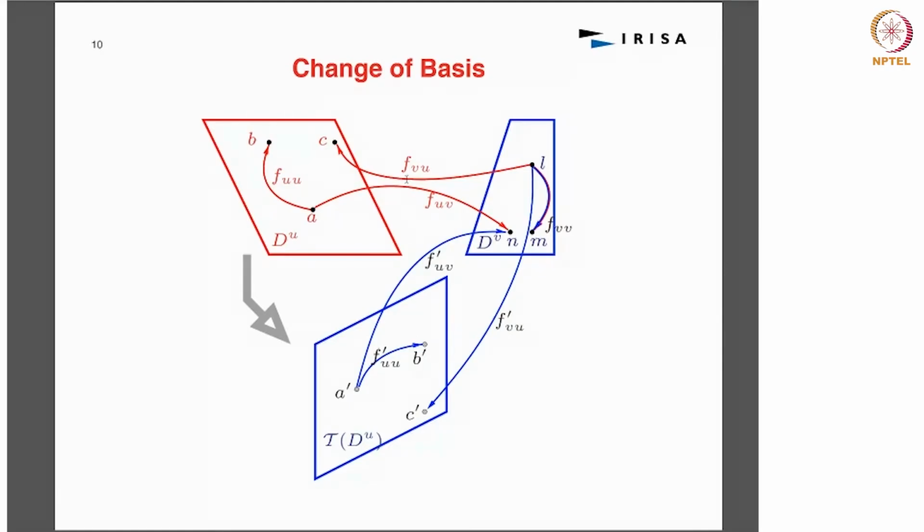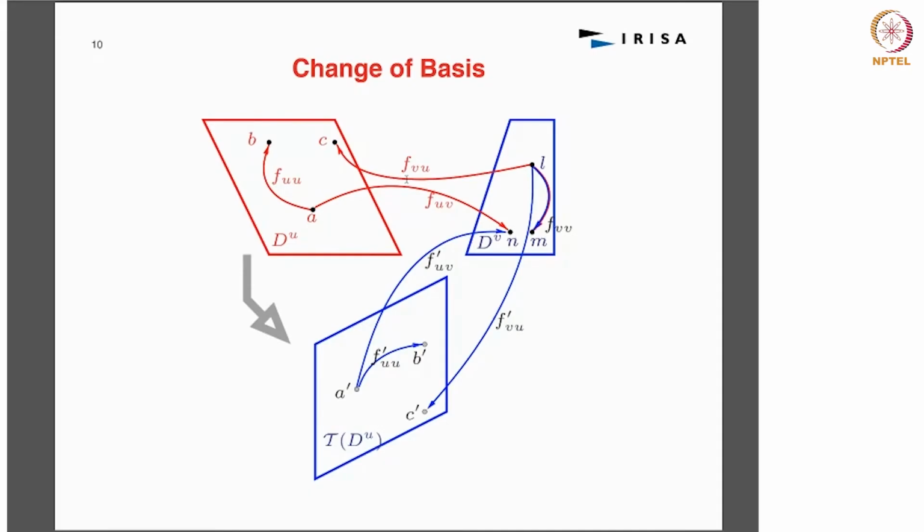If we apply the same transformation to the function also. My job is to mathematically construct this new function F prime VU given these old functions FVU, FUU, etc. Okay, and I want to do it systematically and correctly.